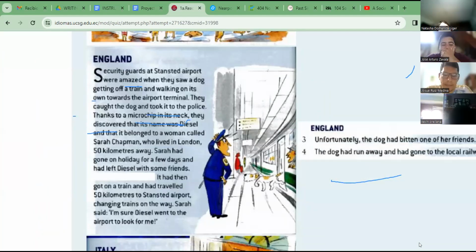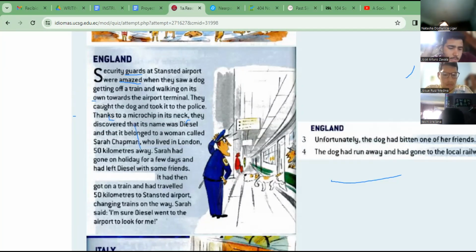Jose, read, please. England. Security guards at Stansted Airport were amazed when they saw a dog getting off a train and walking on his own towards the airport terminal. They caught the dog and took it to the police, thanks to a microchip in its neck.